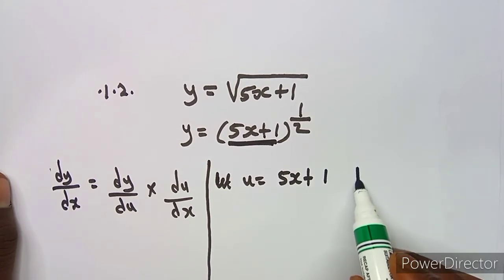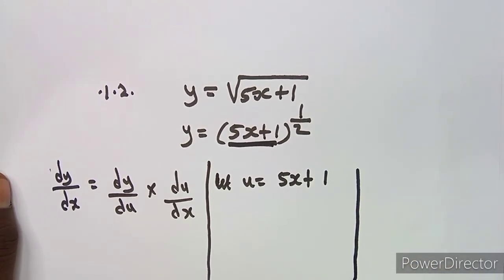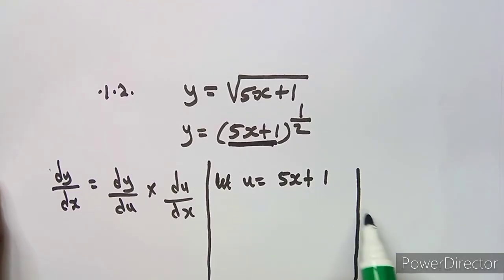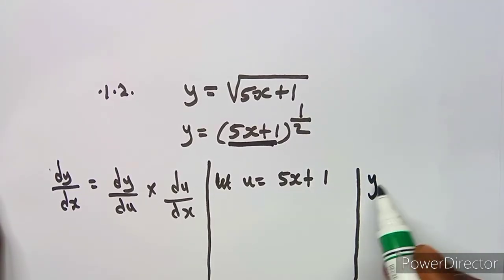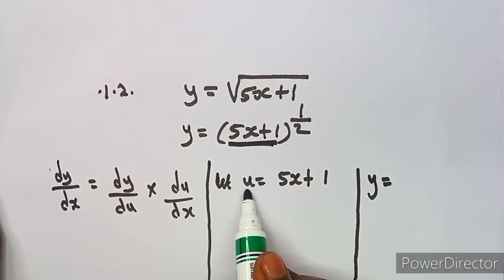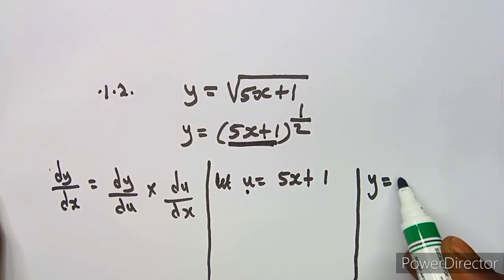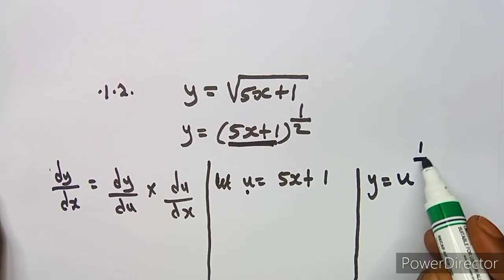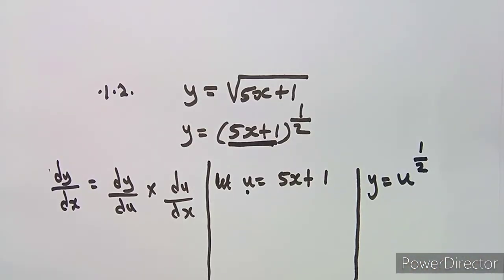All right. That means by letting u be equal to 5x plus 1, our y is now equal to, in place of 5x plus 1, we are now representing with u. So it's now u to the exponent of a half. This is now what you are having there. Take note of this stage.